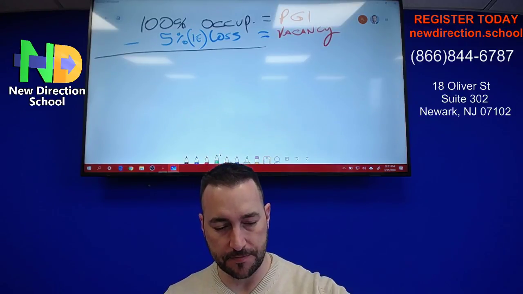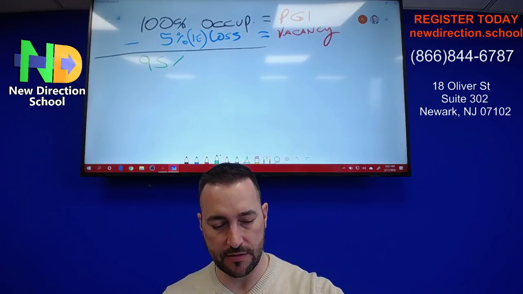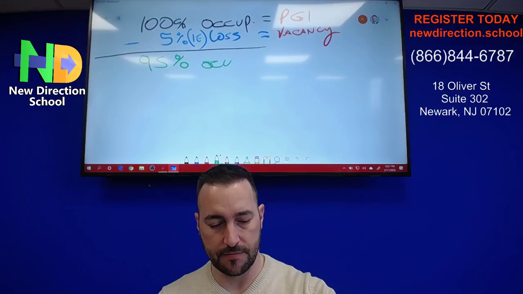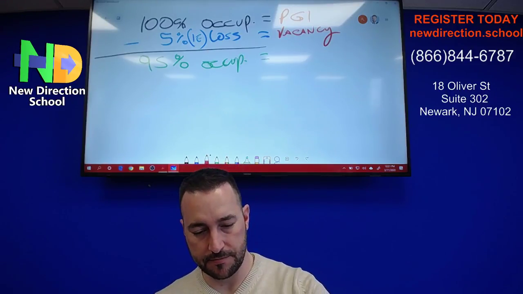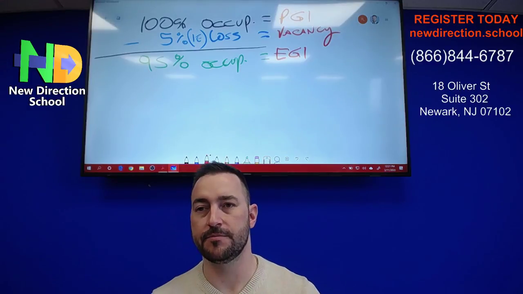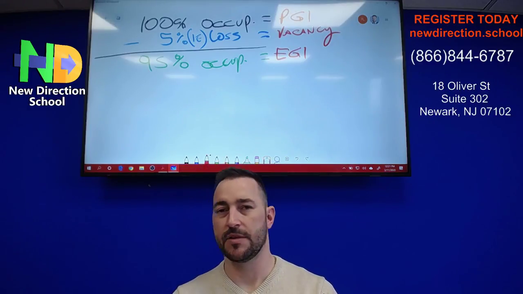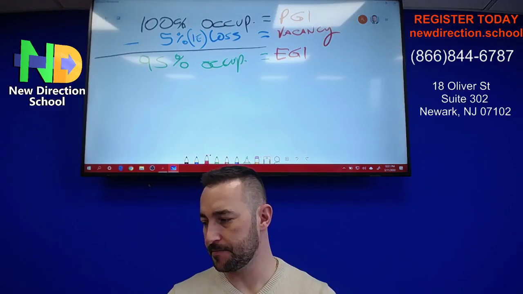We now reach 95% occupancy, and this equals effective gross income. This is the number we need. Effective gross income.